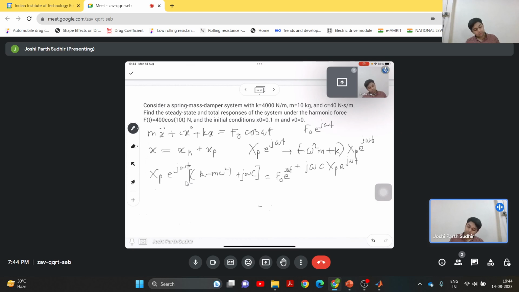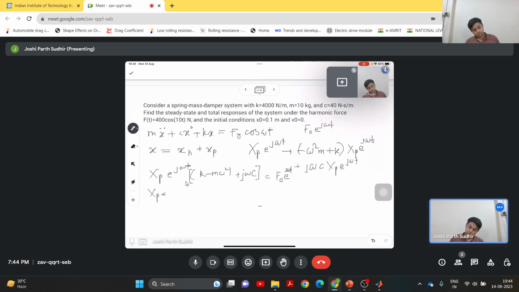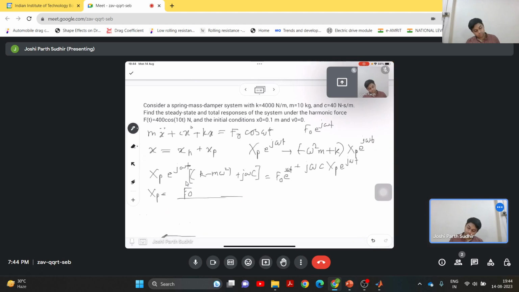Therefore we can write down xp as f naught upon k minus m omega square plus j omega c, in a complex number format.